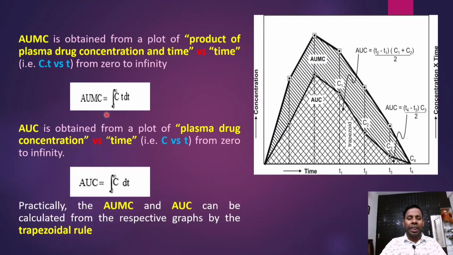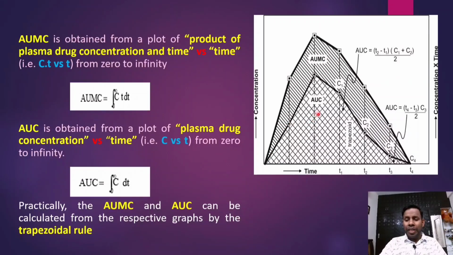AUMC is equal to the integration of C t dt from 0 to infinity. And similarly, AUC is obtained from a plot of plasma drug concentration versus time, that means C versus T from 0 to infinity. AUC is equal to the integration of C dt from 0 to infinity. Here you see this graph. This part is AUC and this total part is AUMC.